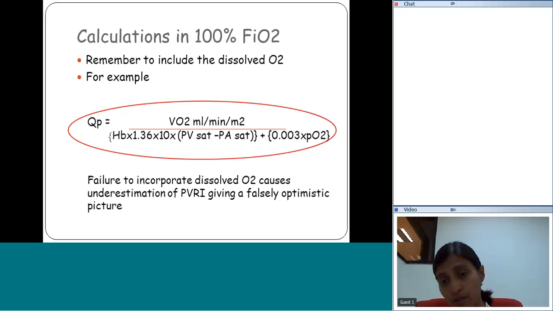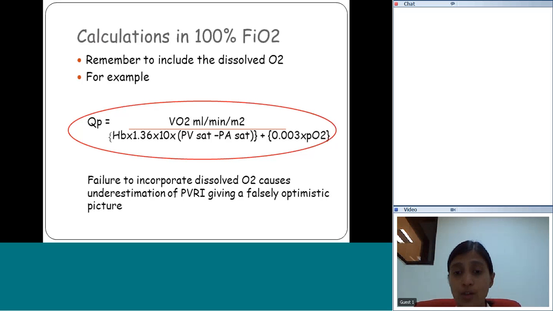But what I'm trying to say is that the oxygen content difference between pulmonary vein and pulmonary artery should be accounted for. So there should be a little bracket here which says FiO2 of the pulmonary vein minus FiO2 of the pulmonary artery. Then you add the two oxygen fractions together, and then you calculate. And that gives you the accurate QP with 100% oxygen.